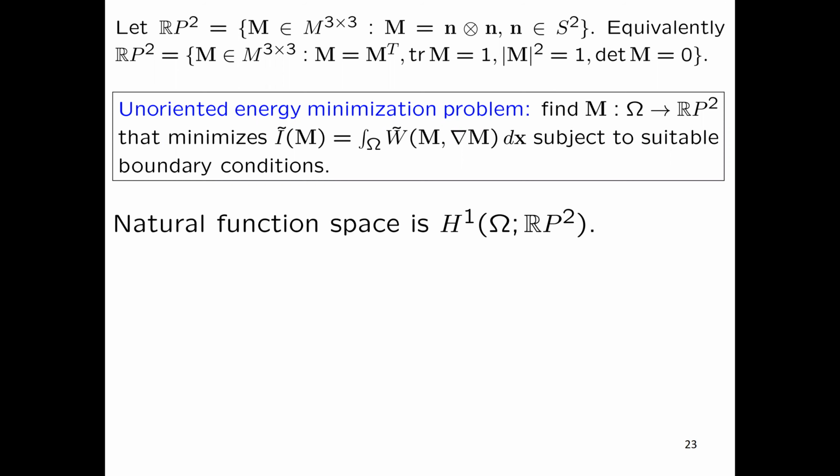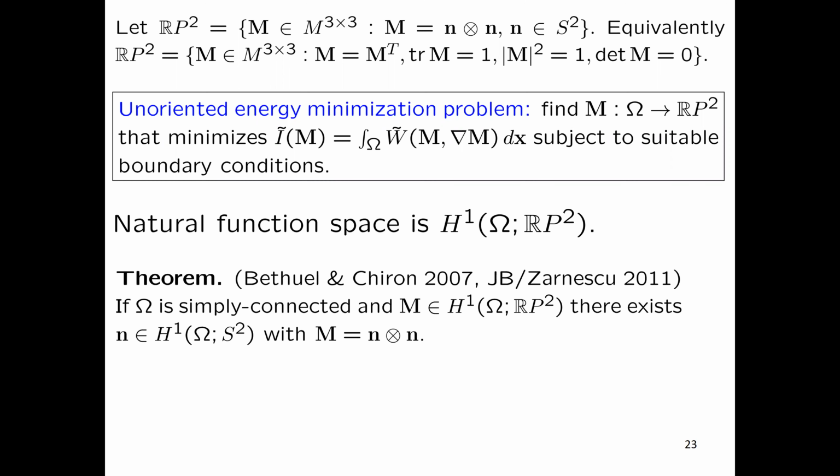The natural function space is H1 with values in RP2. But something interesting happens. There's a theorem proved by Ball and Zarnescu, and also Bedford, that if omega is simply connected and M is in this space, then you can orient it. There is an n in H1 with M equal to n tensor n.